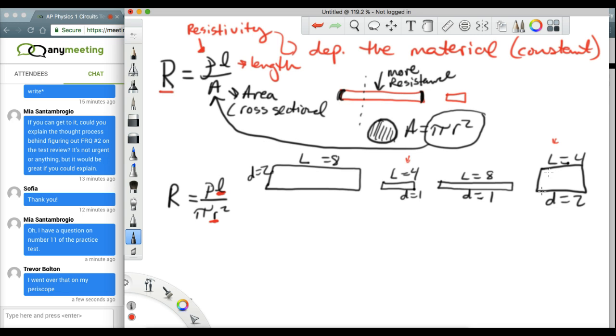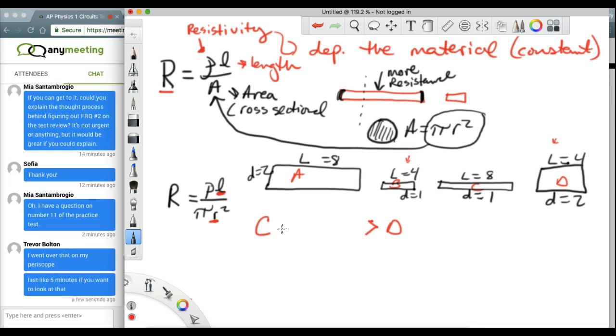The wider one is going to be the least resistive. If this is A, B, C, D, and I rank them, D is going to be the least. Which one is going to be the most? Well, the skinniest, longest one is going to be the most. So we can quickly see that C is going to be the greatest resistance.